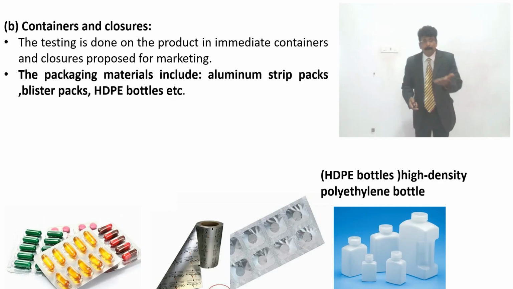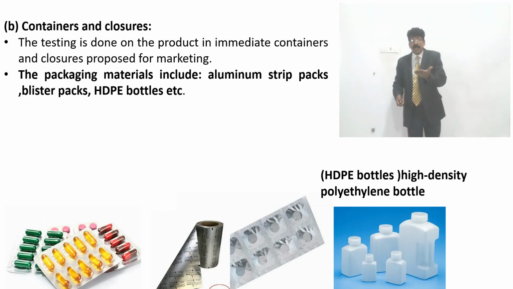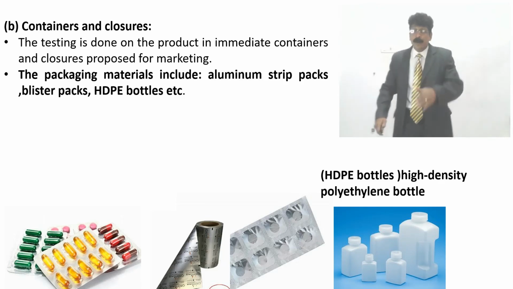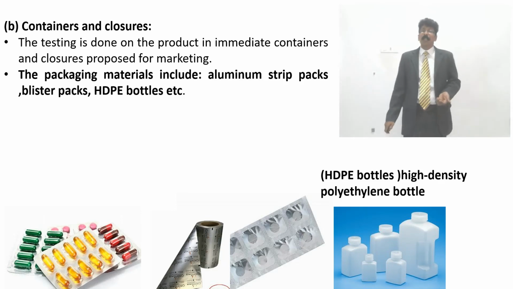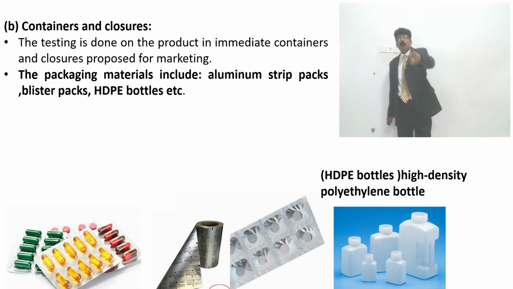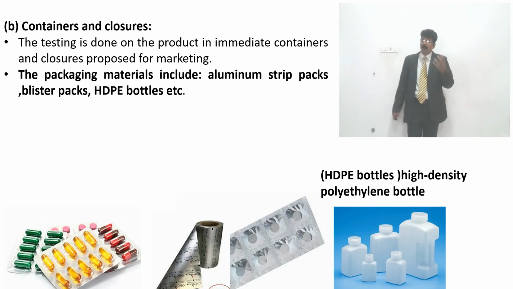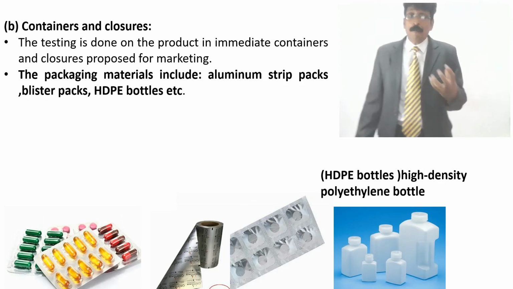The polyethylene sheets are made into blisters and the product will be held over it, and above that there will be an aluminium label or seal, as we have shown in the blister packing. Blisters are formed in the hard plastic of polyethylene.